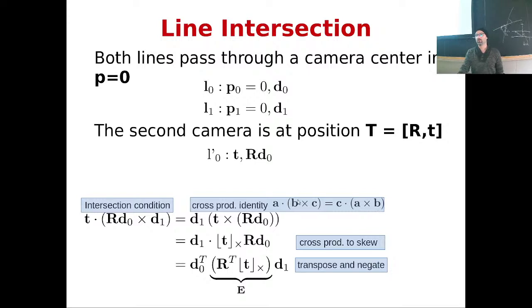Now, if you do a query replace and identify the terms, T should be equal to A, B should be equal to RD, and C should be equal to D1, and then you apply this, we obtain this expression over here.